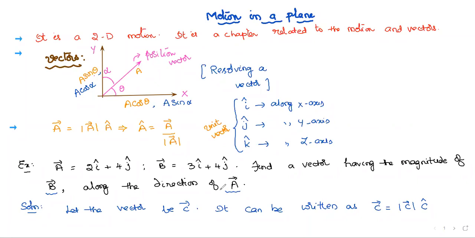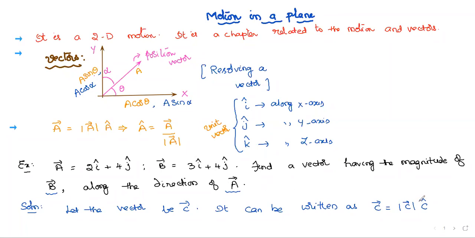Direction will be given by whom? Do you know who will give the direction of a vector? Unit vector, not arrow or turn. Okay, unit vector. Unit vector will give the direction. So along A means A has the unit vector A cap.